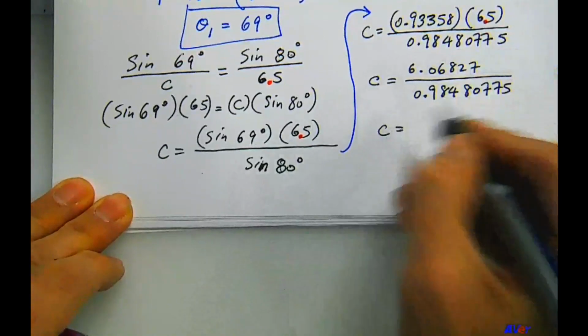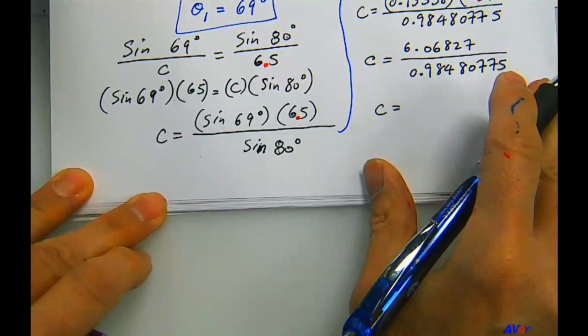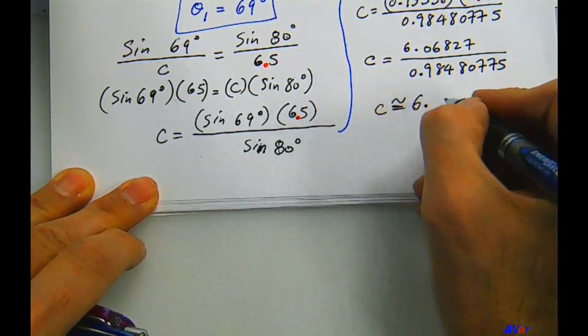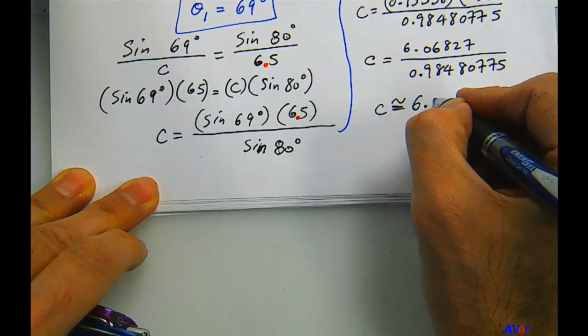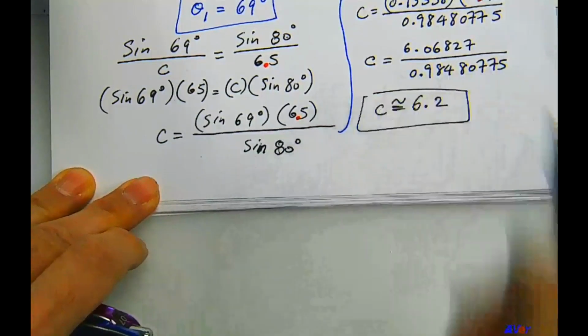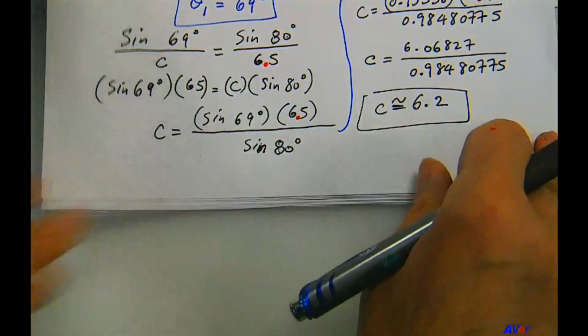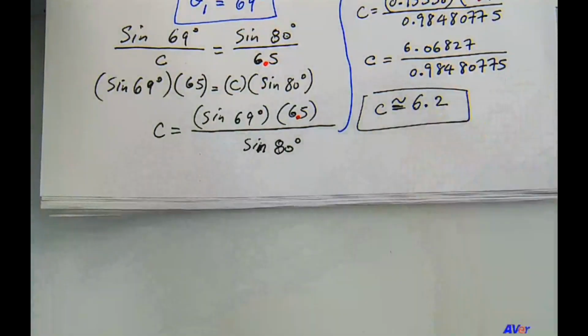So finally C, the length of the missing side, is, after rounding, 6.2. So I got 6.16, but I rounded the 1 to 2 after that.